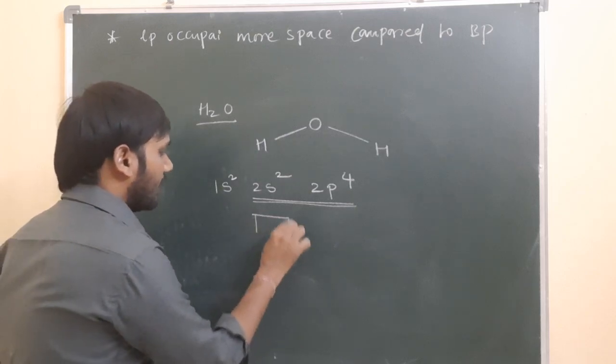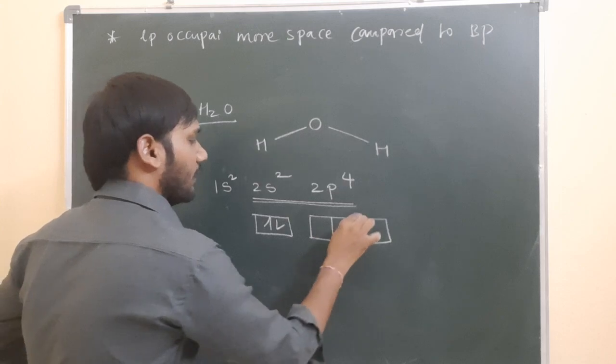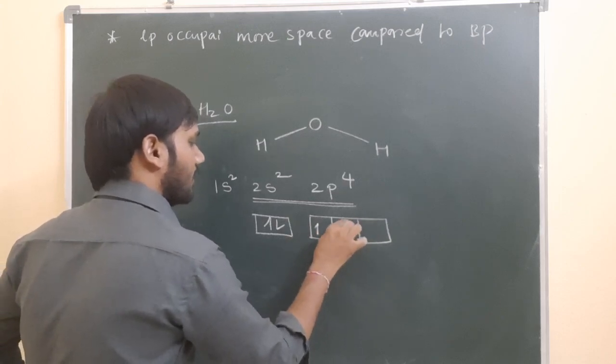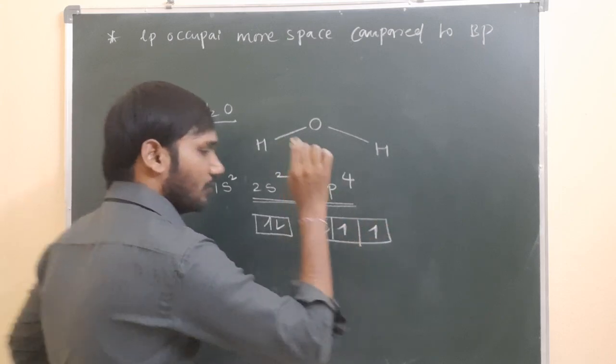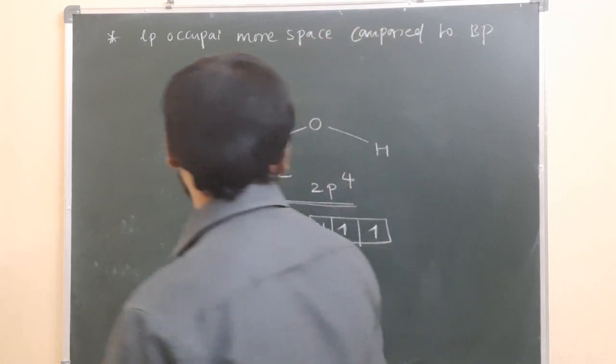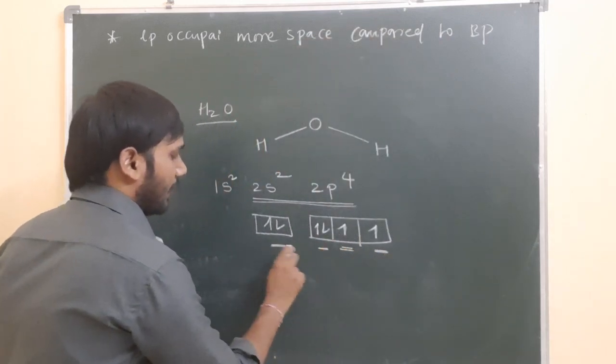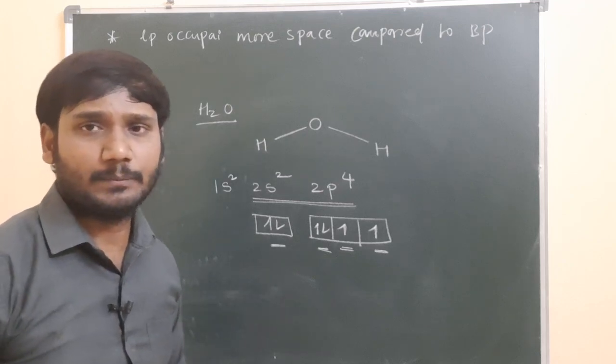Now in 2s, how many electrons are present? 2. In 2p4, how many electrons are present? 4 electrons. First electron, second electron, third electron, fourth electron. Totally 4 electrons are present. Of these 4 electrons, 2 are unpaired and 2 are paired.